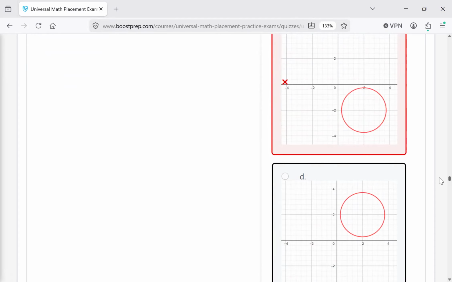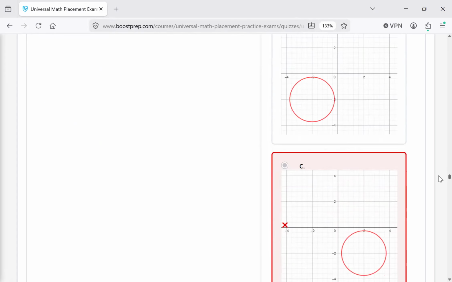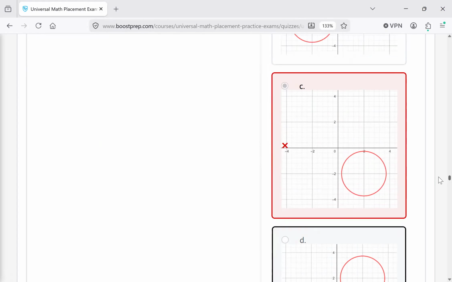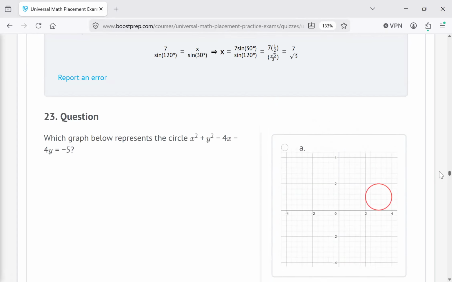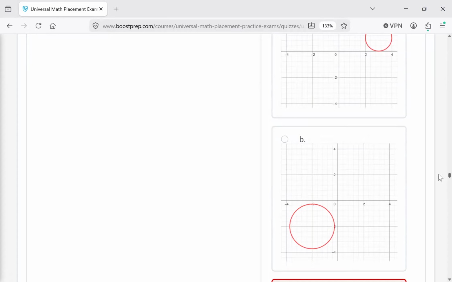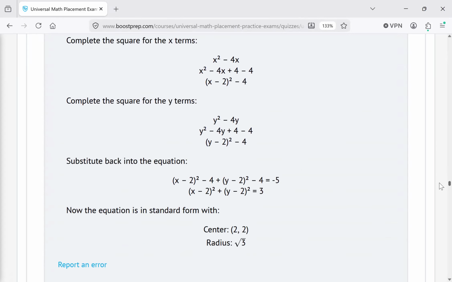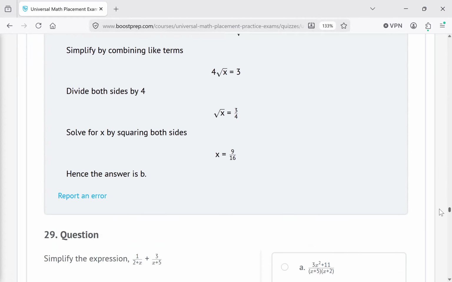I guess it was D. Yeah, it was D. Okay, so I messed up on the center. That's the only thing I messed up, but everything else is fine.